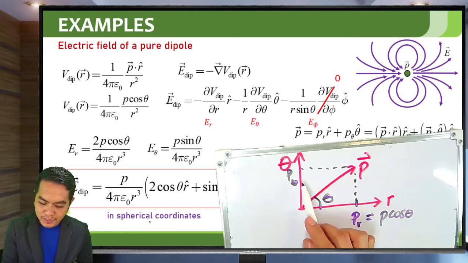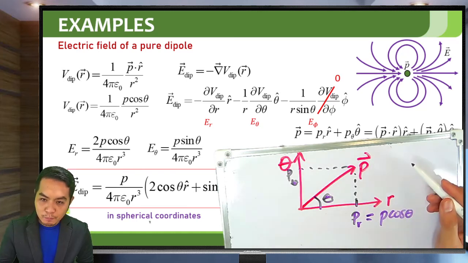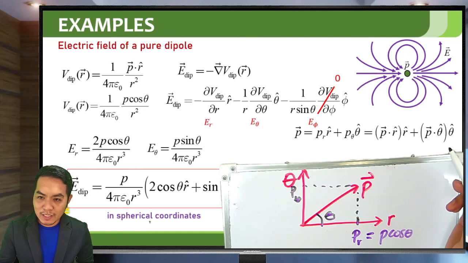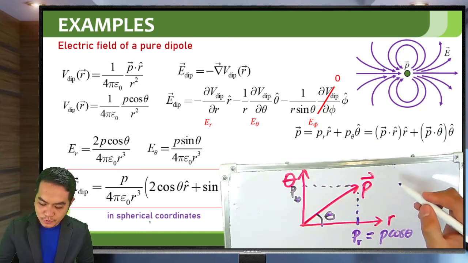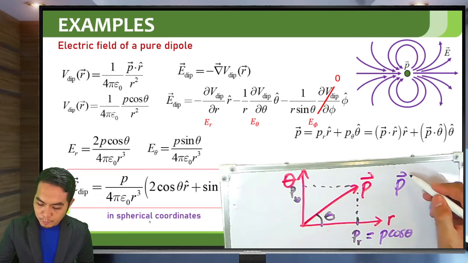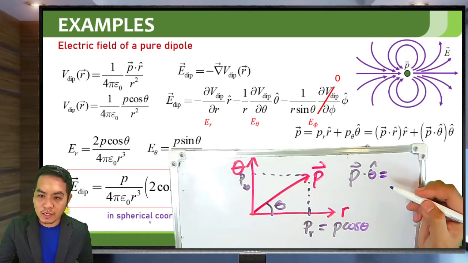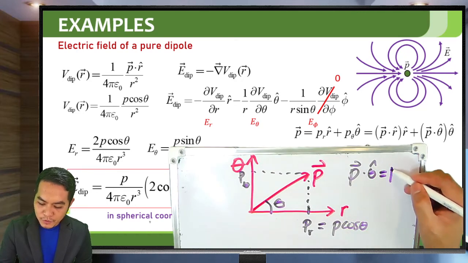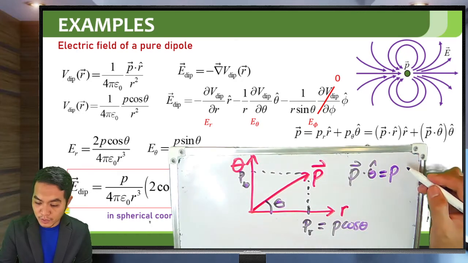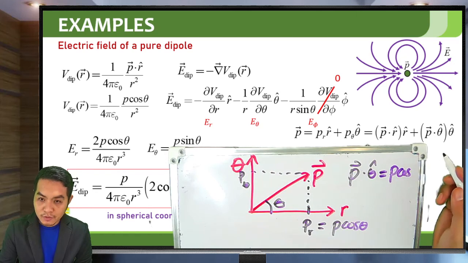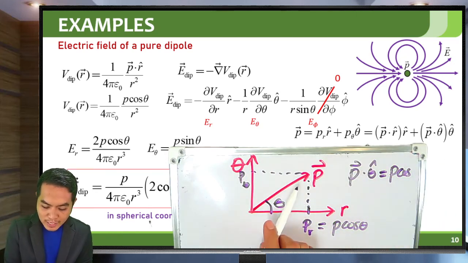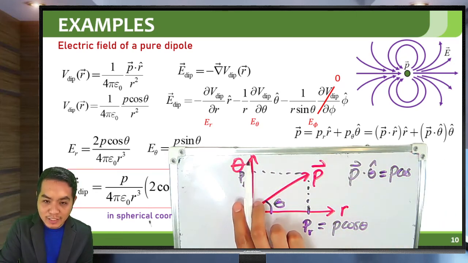And how about p_theta? If you dot the p vector and the theta hat vector, according to the law of dot product, you get the magnitude of p, times the magnitude of theta hat, which is just 1, times the cosine of the angle between them. So what's the angle between p and the theta axis?